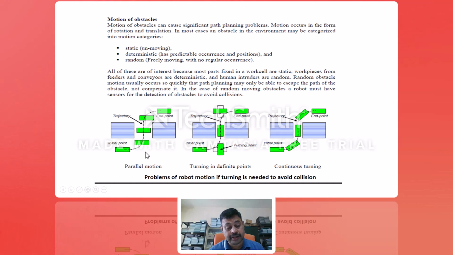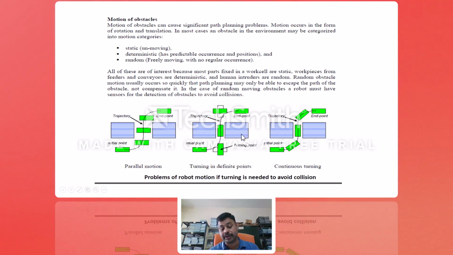Initially you have parallel movement without doing anything if there is no movement, that is, static. Suppose the movement is there like this, then what to do? We have to go for turning at definite points. It will come here and sense the gap between these two. Then it changes the position by 90 degrees, turning by 90 degrees, and inserts through the obstacle.